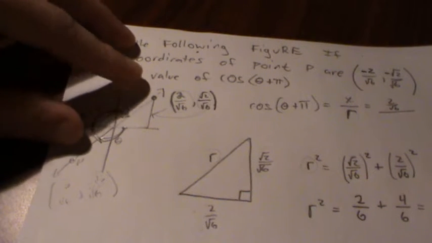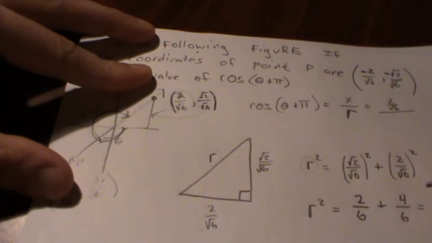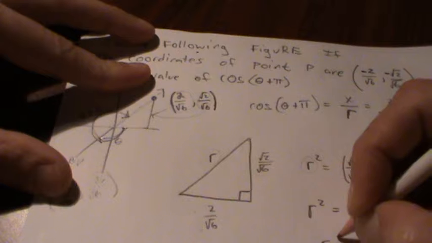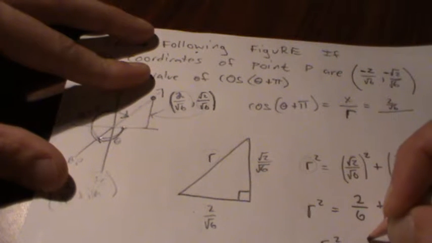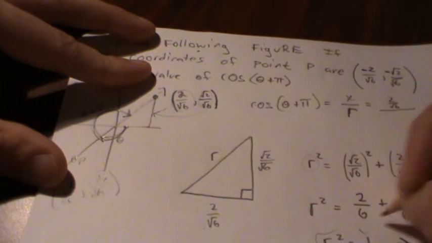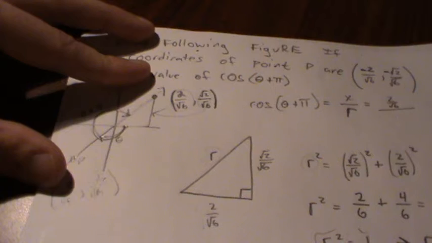Oh, look at this. It actually is going to equal 6 over 6. So the radius squared here is 6 over 6, or 1. And so the radius, if I take the square root, 6 divided by 6 is equal to 1.